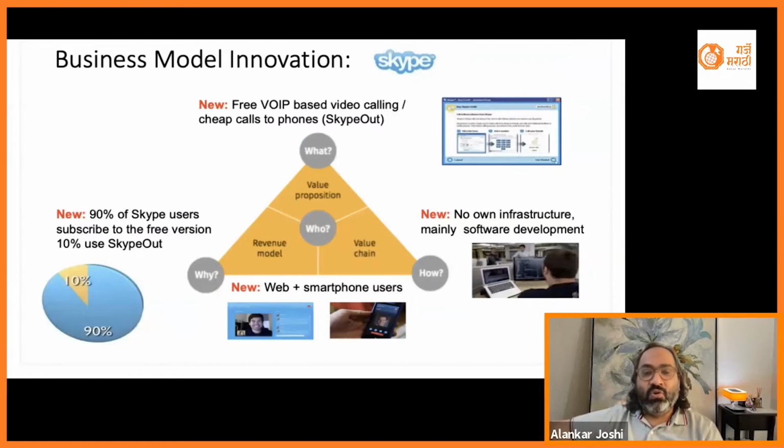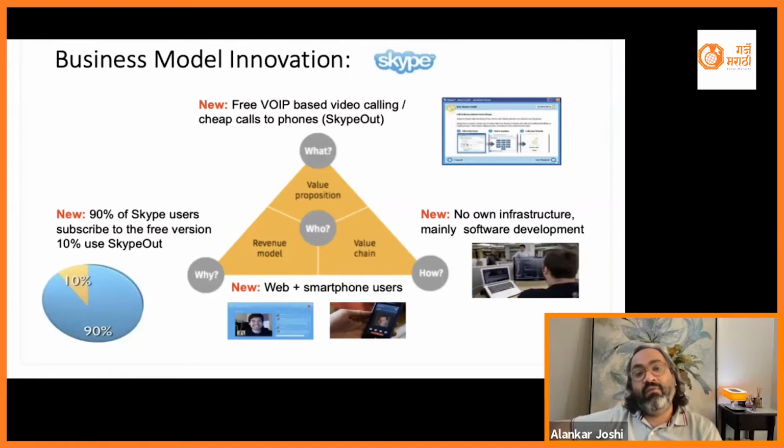When you look at who they were targeting, they targeted a completely new customer segment: web and smartphone users. A fairly recently developed segment, because of the increase of the penetration of the internet over time, and one that the telecom companies did not pay a lot of attention to in the early days. So they innovated around that.